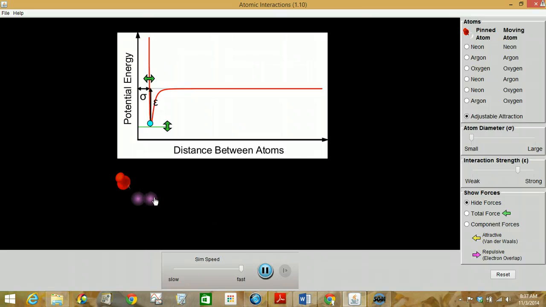And now we're going to move the movable atom to a higher potential energy. Go. And then we're going to move this to the right.